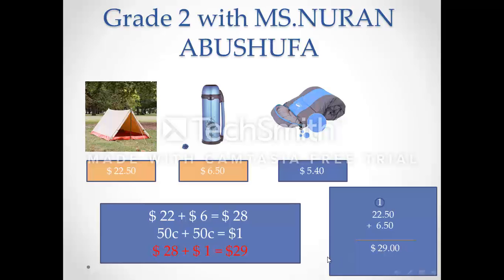As you see here, in the second way, I put $22 plus $6 together, which equals $28, and then I took the cents together, cents with cents. 50 cents plus 50 cents is $1. So at the end, $28 plus $1 equals 29. So we can work it by both these ways.